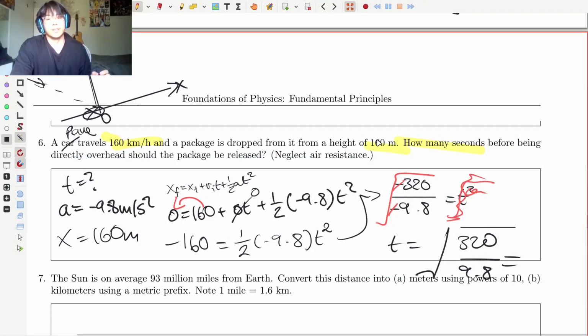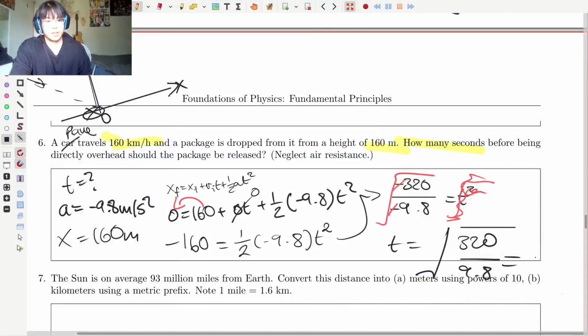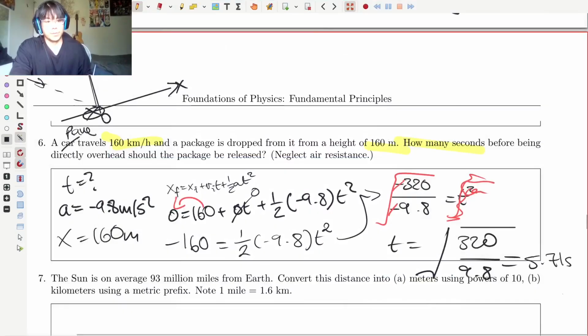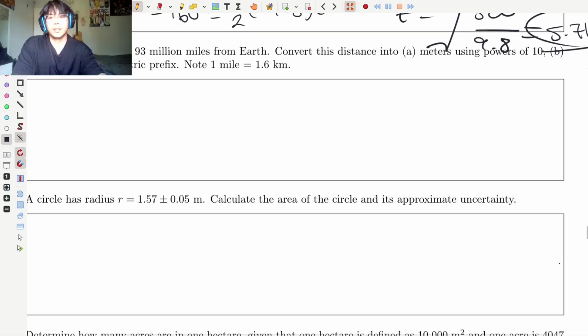Because we're in 3 significant figures, we will do 5.71 seconds.